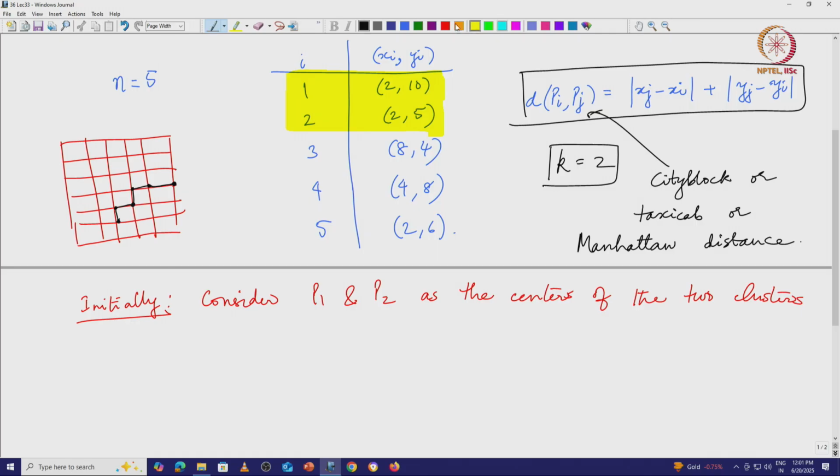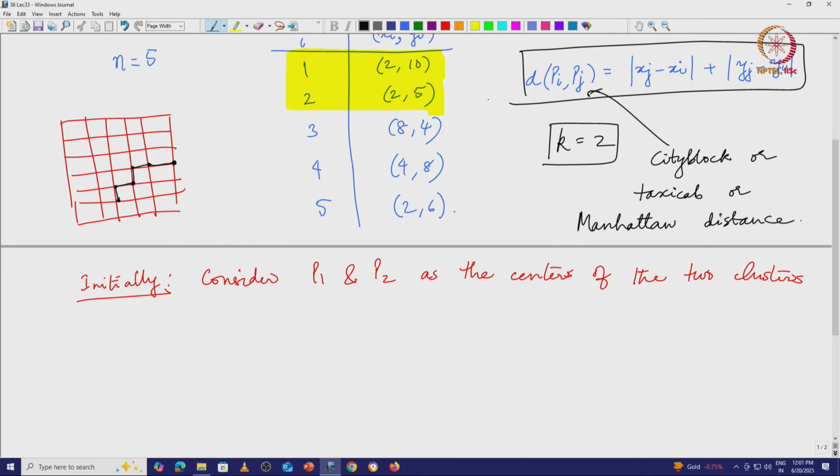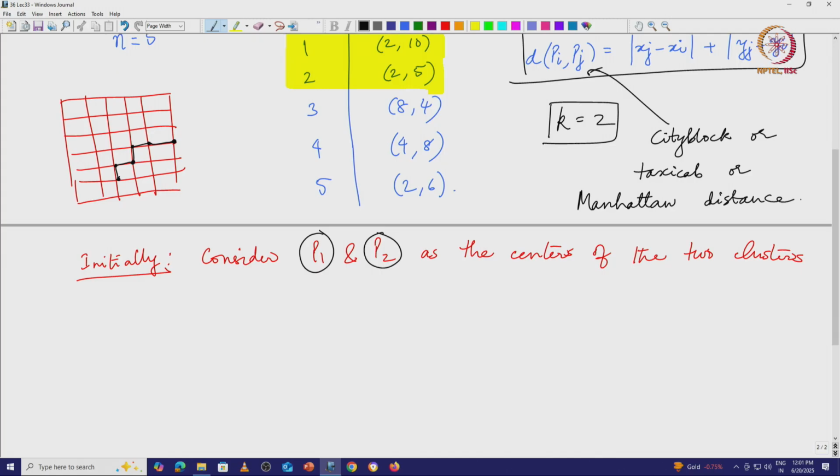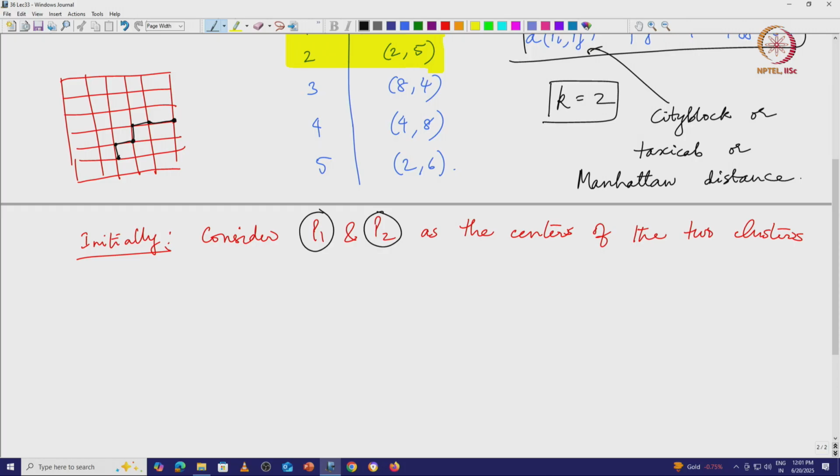Alright. So now we will discuss how this clustering algorithm proceeds. The first step is to compute the distance of every point to the center of the cluster. So let us go ahead and do that. Okay. So let us see what happens.